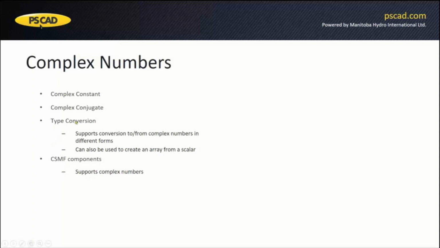And with this, we have to also modify the type conversion component. So if you want to convert from real to complex between any two types, the type conversion or the unity component supports that. With that, we also modified the unity component so that if the two sides are of the same type, you can use it to create an array from a scalar.